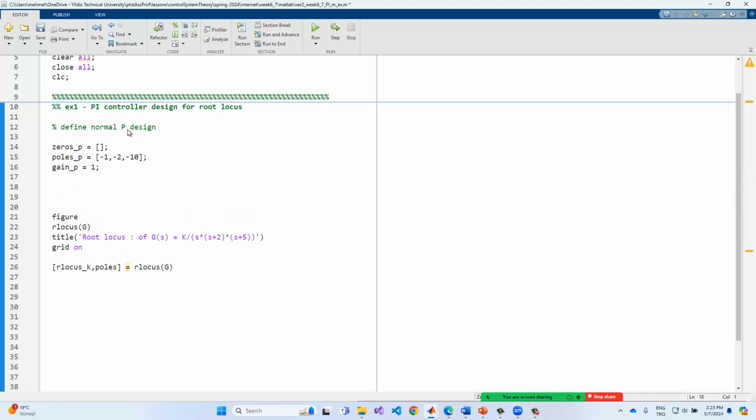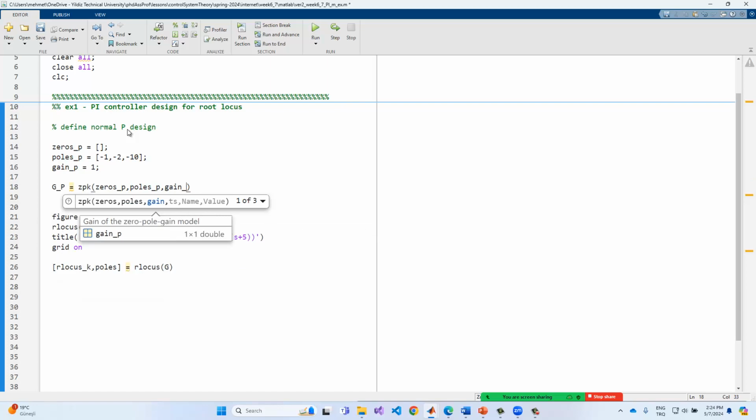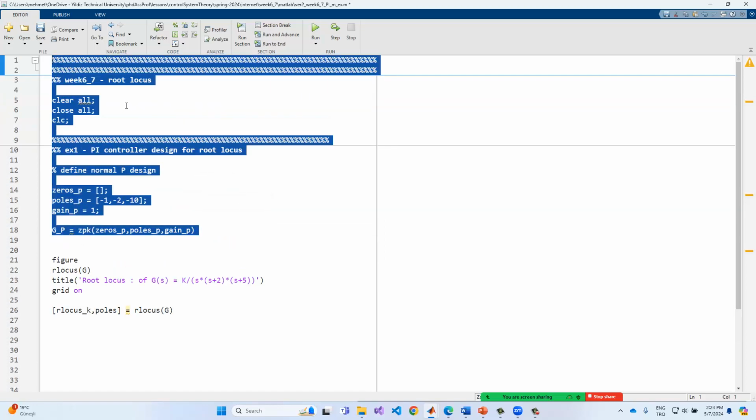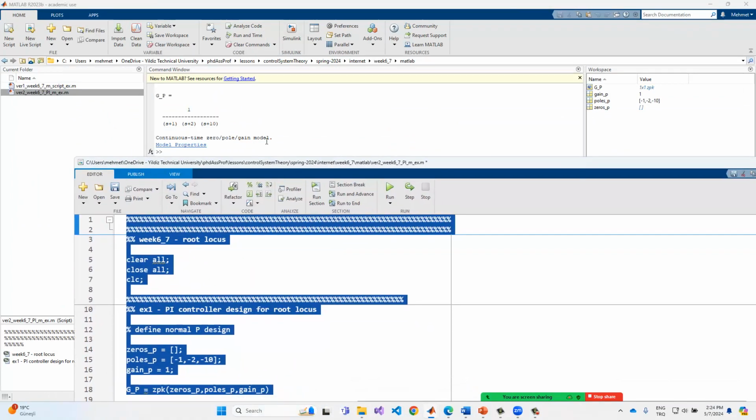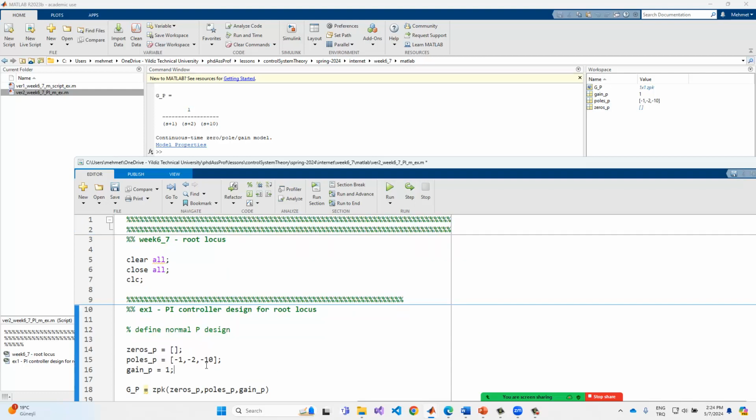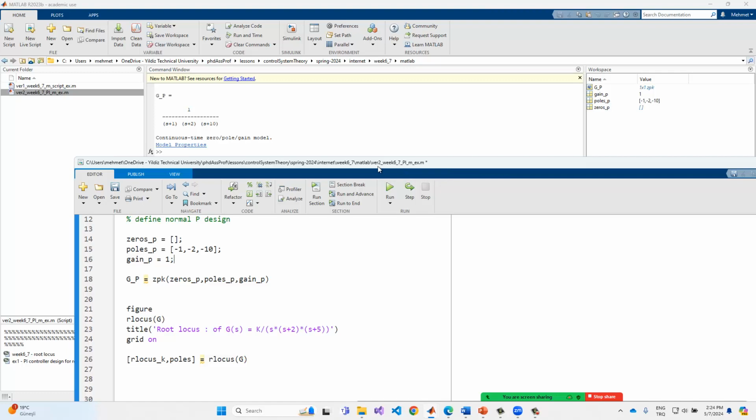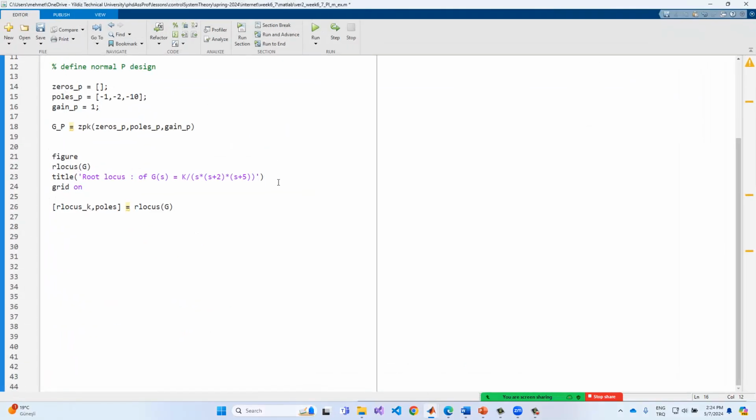Okay, and so GP can be created with the ZPK, zero pole K command in MATLAB: zeros P, poles P, and gain P. Okay, and so if I run this code, we will have 1 divided by s plus 1, s plus 2, s plus 10. Okay, this is the definition of the transfer function. This is the open loop transfer function, right?